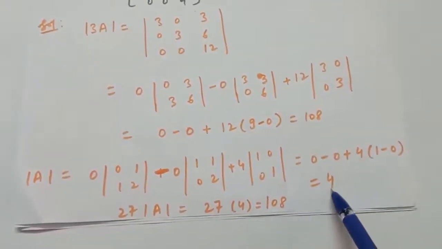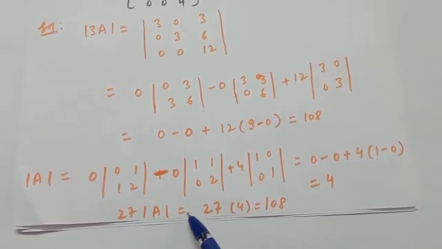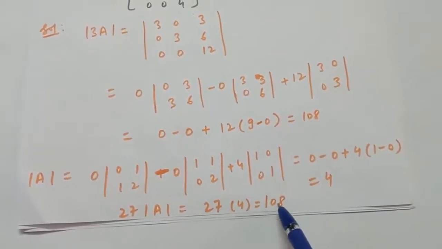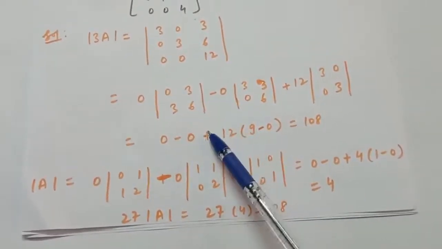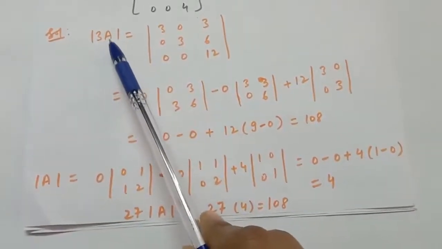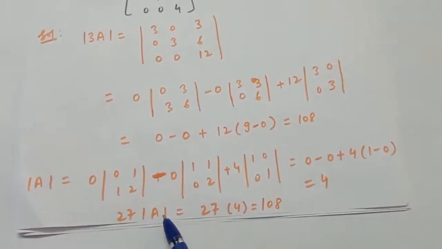So the answer will be 4. Now 27 into determinant of A is equal to 27 into 4, which is 108. So this is what we wanted to prove, that determinant of 3A is equal to 27 times determinant of A.